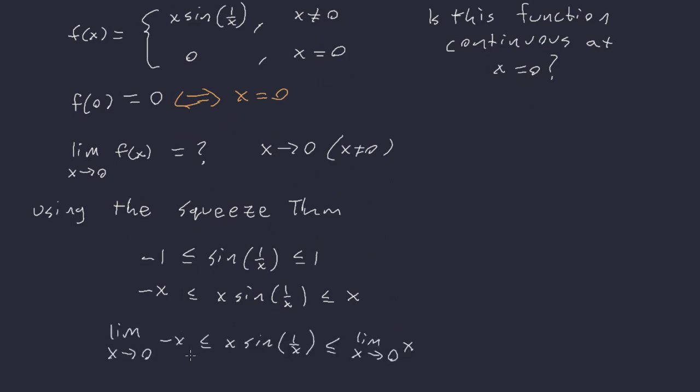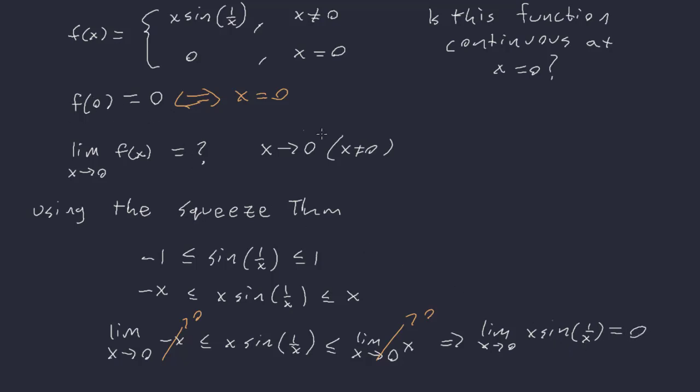Okay, so we'll get the limit as x goes to 0 of -x, which is less than or equal to x sine of 1 over x, which is less than or equal to the limit as x goes to 0 of x. These two guys, of course, go to 0. So that implies that the limit as x goes to 0 of x sine of 1 over x is 0.